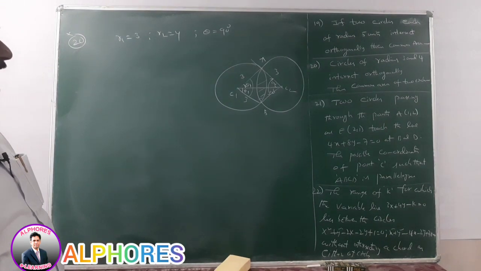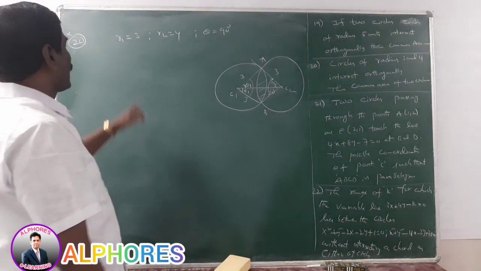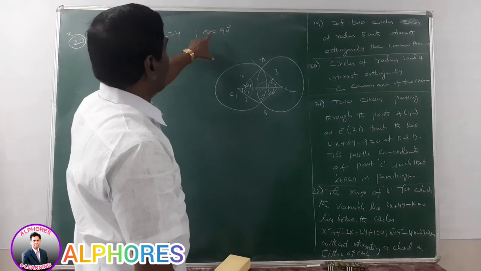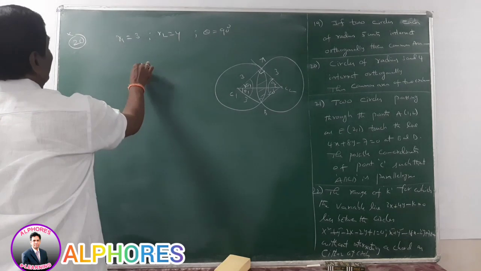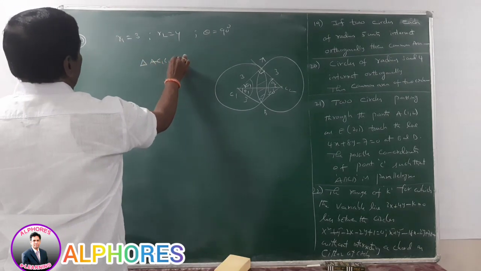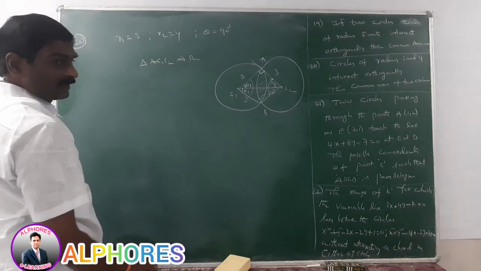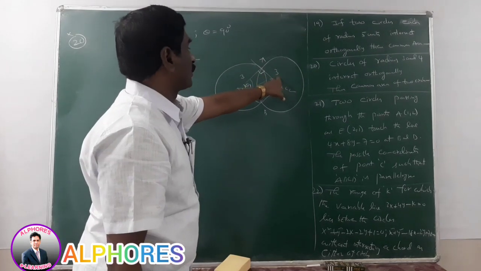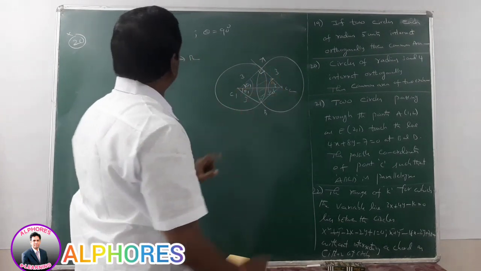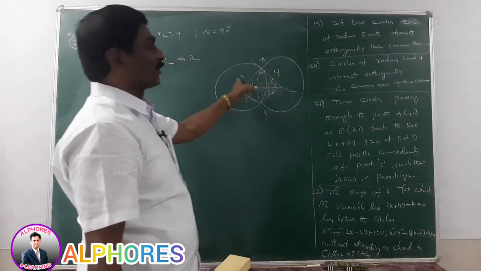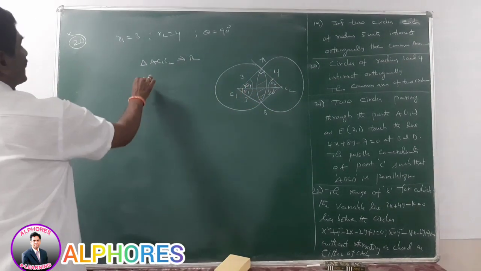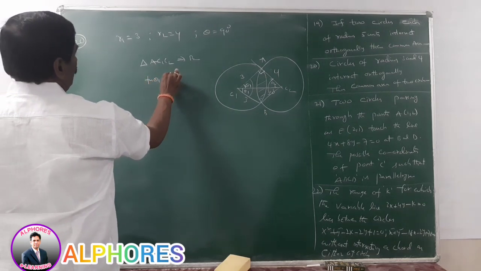First we find the theta 1 value. Here R1 is equal to 3, R2 is equal to 4, and the angle between these two is 90 degrees. That means triangle AC1C2 is a right angle triangle. Opposite known value 4, adjacent known value 3. So tan theta 1 is equal to 4 by 3.